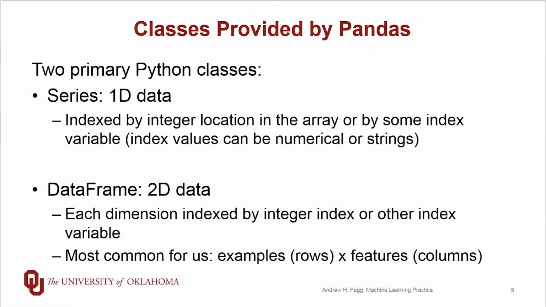And just as with the series data, we can either index the dimensions numerically, or we can use, say, a string to represent an index. So for example, if our CSV file has a header associated with it where the columns are named, we can automatically address a particular feature by referencing that name instead of the particular column number that we're looking for.